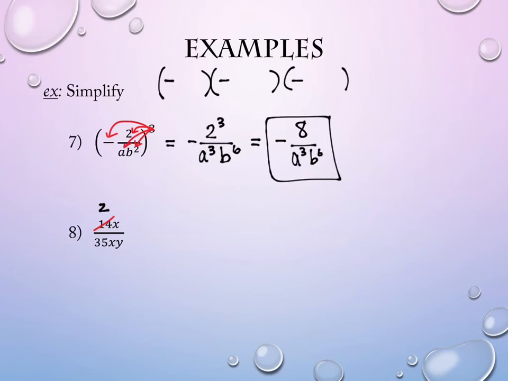And what is 35 divided by 7? It's a 5. Now, we also happen to have an x on top and an x on bottom, right? Like exactly the same thing. So we are able to reduce or simplify those, to cancel those out. And I have a y left on bottom. So I have a 2 on top and a 5y on bottom. And that's reduced.